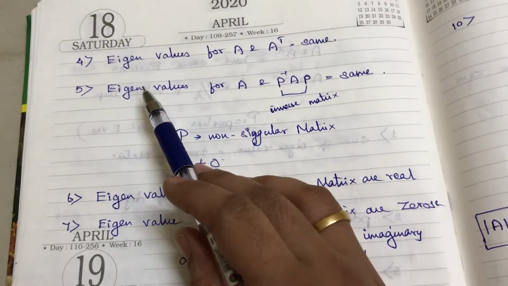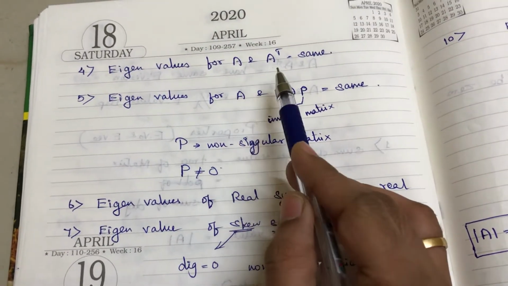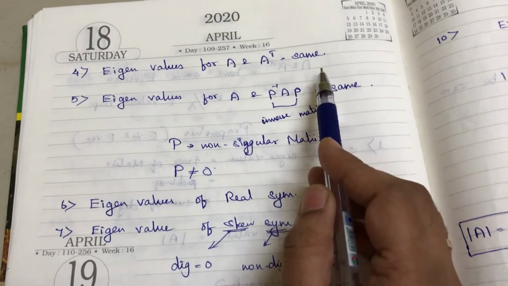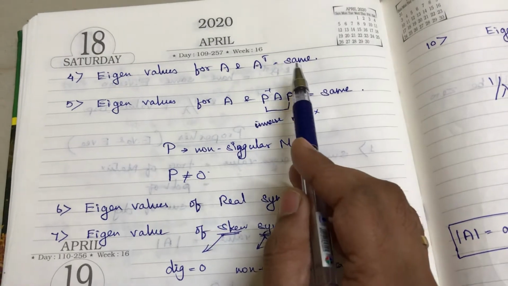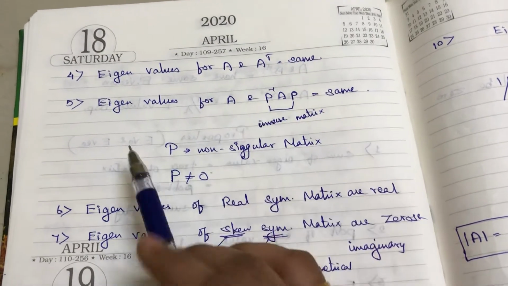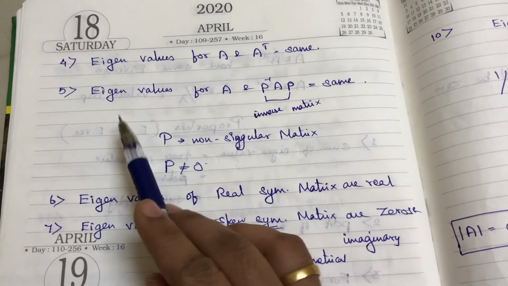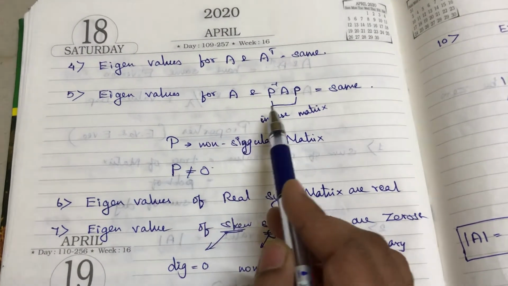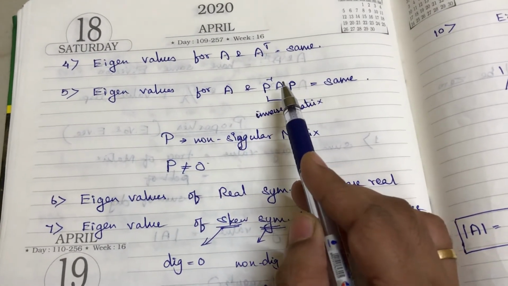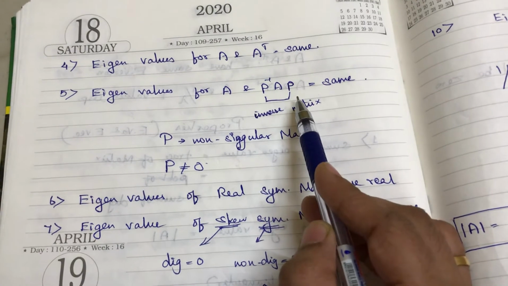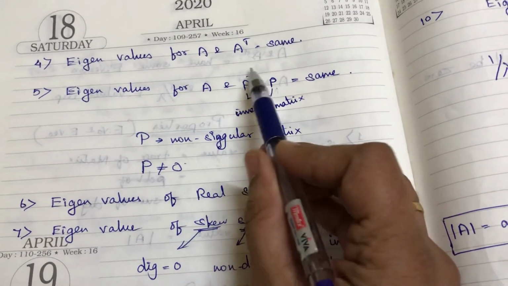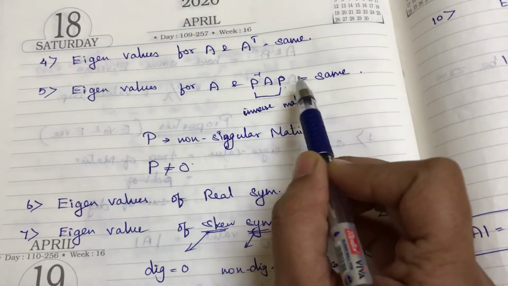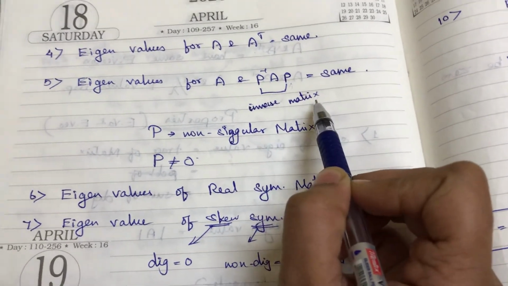And the fourth point is eigenvalues of A and A transpose are the same. Yes, A and A transpose have the same eigenvalues. Eigenvalues of A and P inverse AP: we put P inverse first and P second.